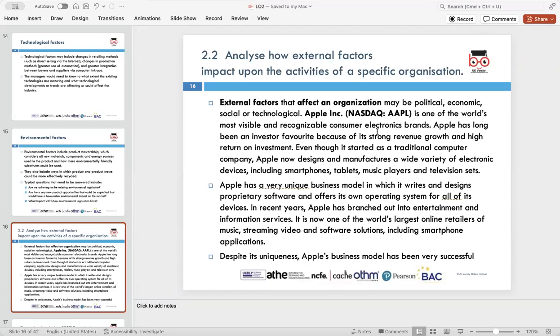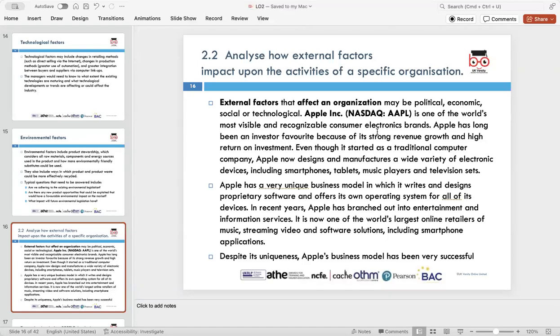Apple has been a favorite among investors for a remarkably long time. Apple began as a standard computer corporation, but it has since expanded its product line to include various electronic devices such as smartphones, tablets, music players, and even television sets.